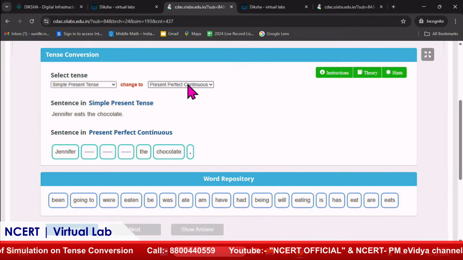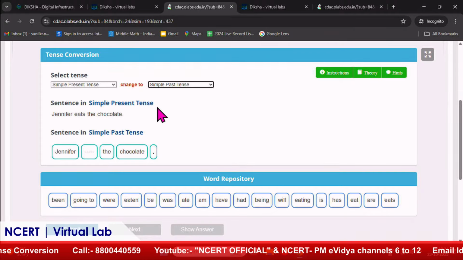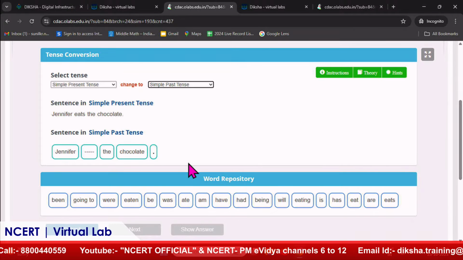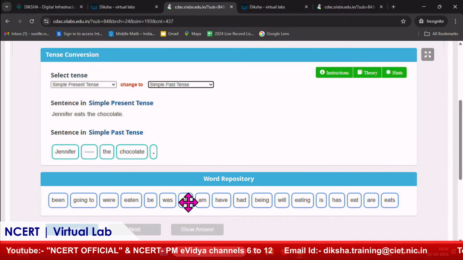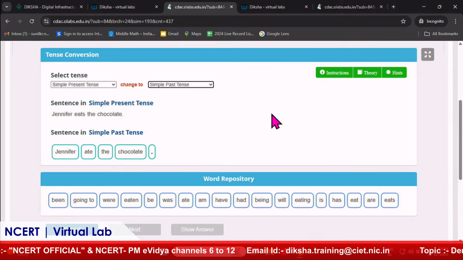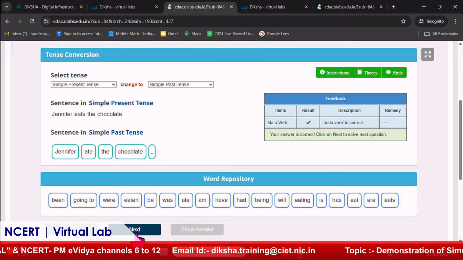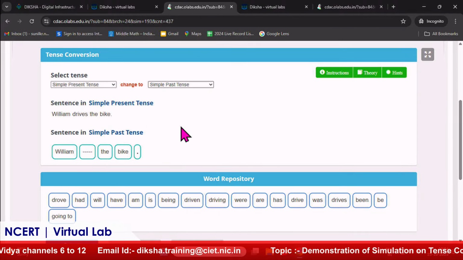Jennifer eats the chocolate. This is simple present. We'll convert it to simple past tense. The simple past of eat is ate. Jennifer ate the chocolate. Correct. Let's go to the next one. William drives the bike, and this time we'll do past continuous.